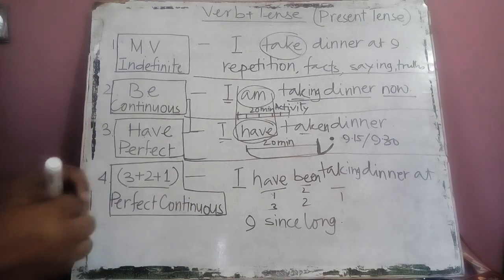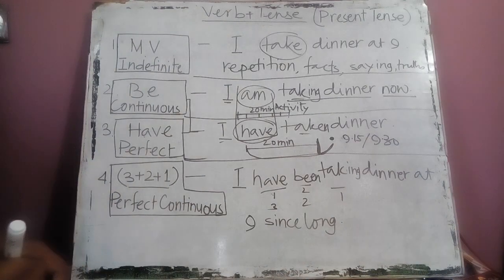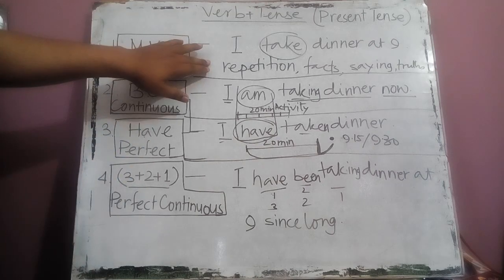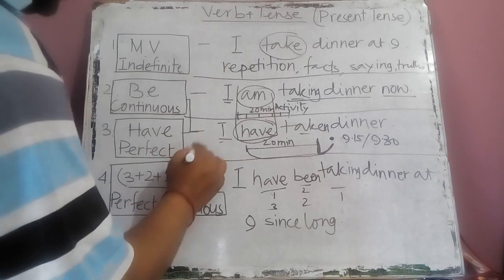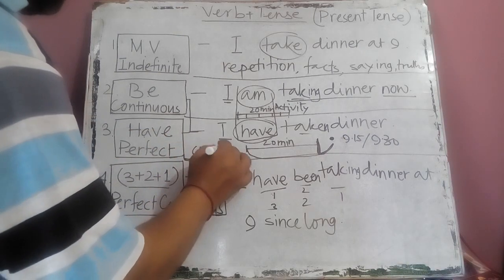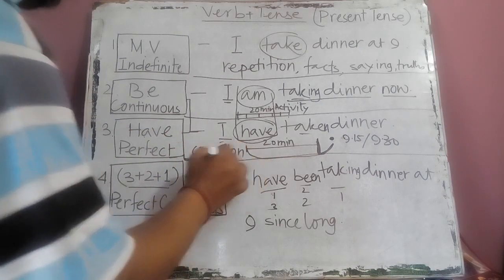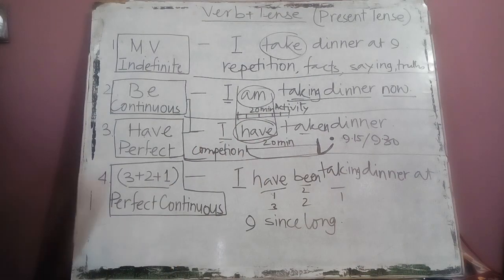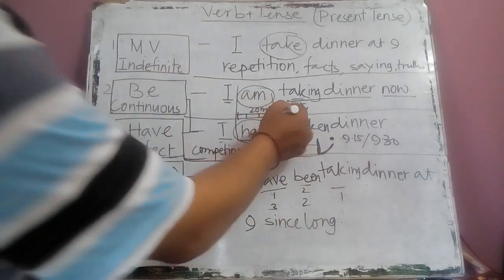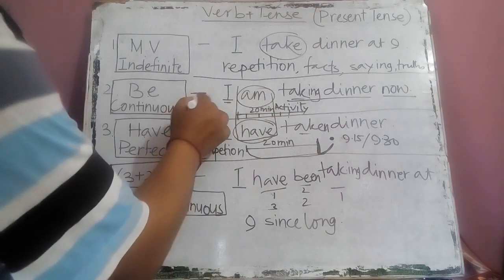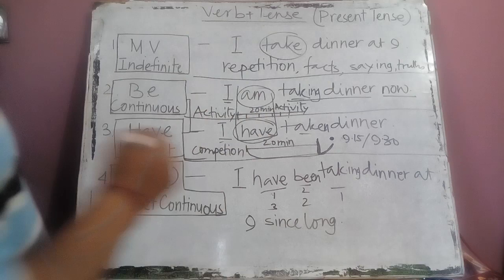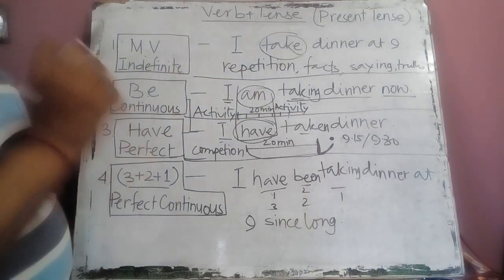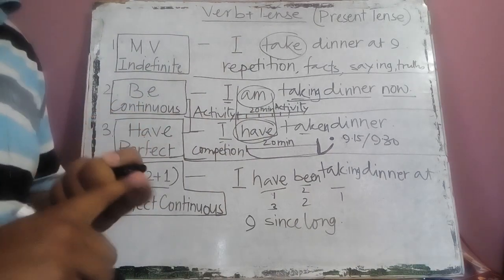Now let's analyze this sentence, how it comes. The logic here is, first is repetition, second is activity, third is completion. Our concern in the third is completion of work, whether the action is completed or not. Here in the perfect continuous, our concern is activity. Our focus remains on both time and activity.